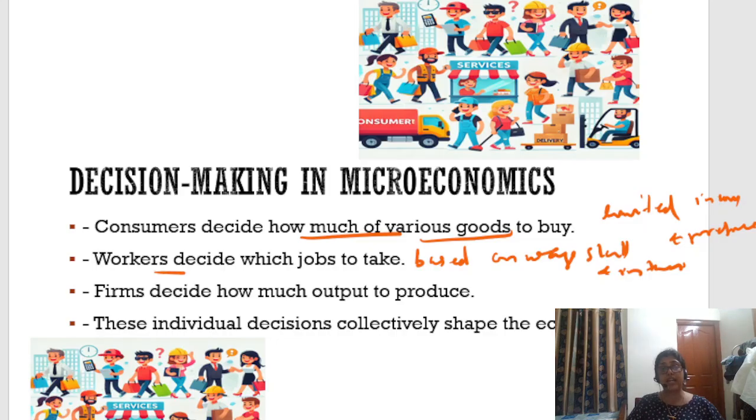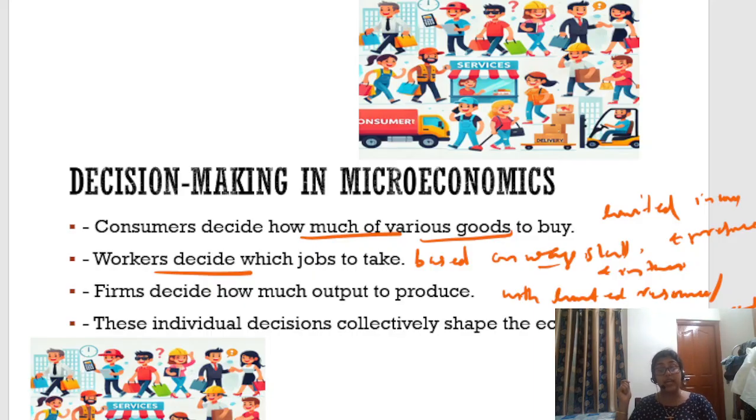Firms decide how much output to produce with the limited resources or raw materials available to them. So consumers make decisions on how much of various goods to buy based on their limited income, and workers make decisions on which jobs to take based on wage, skills, and interest.